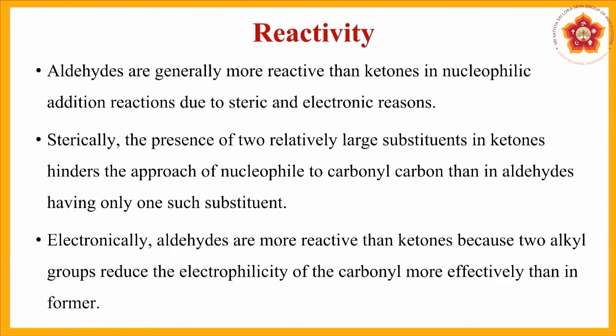Whereas in aldehyde, the large group is present only on one side, and therefore the hydrogen on the other side can easily react. Electronically, aldehydes are more reactive than ketones because two alkyl groups reduce the electrophilicity of the carbonyl group. This is because on both sides there are electron donating groups.